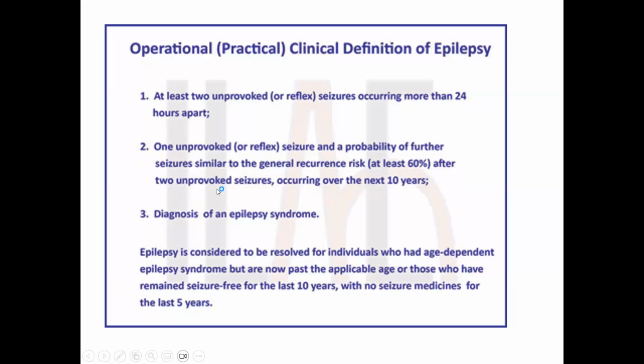An example for this number 2 would be a patient who has had a stroke around 3 to 4 months ago. He has had a left-sided stroke with right-sided hemiplegia, and is now presenting with a right-sided focal motor seizure, which is compatible with the lesion.